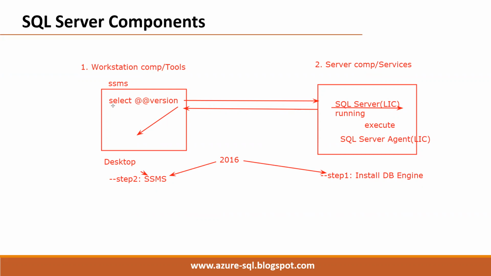Whenever we run some query, who will execute that command? For that purpose, we have our database engine. The database engine will execute that command. That's why remember it is a two-step process.